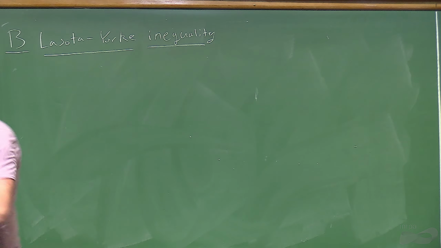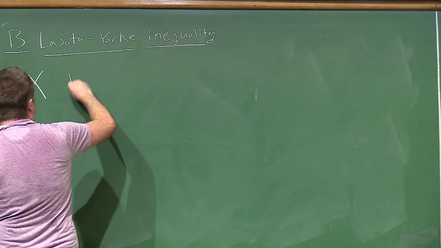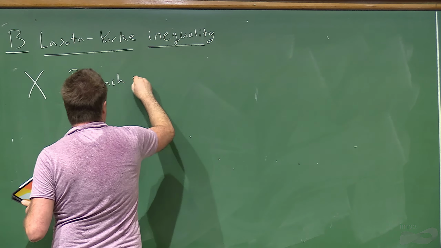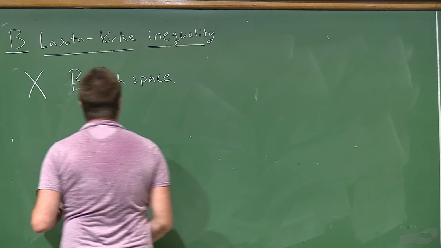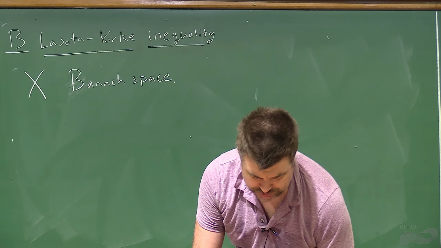So how do Lasota-Yorke inequalities work? So X is some Banach space. Banach spaces have some norm on them, but actually here you're going to work with two different norms.